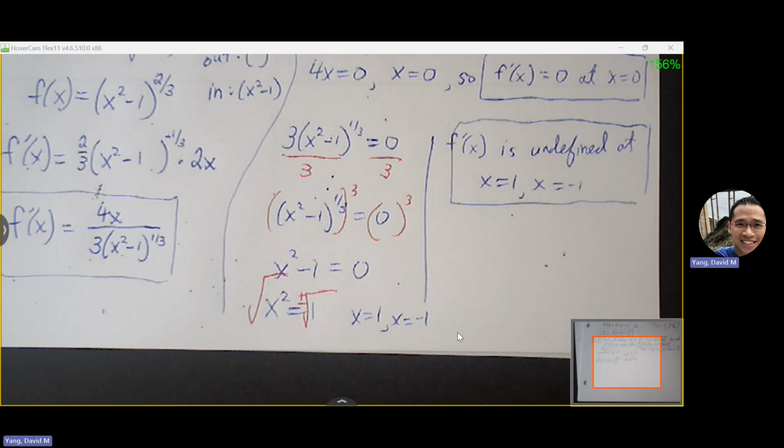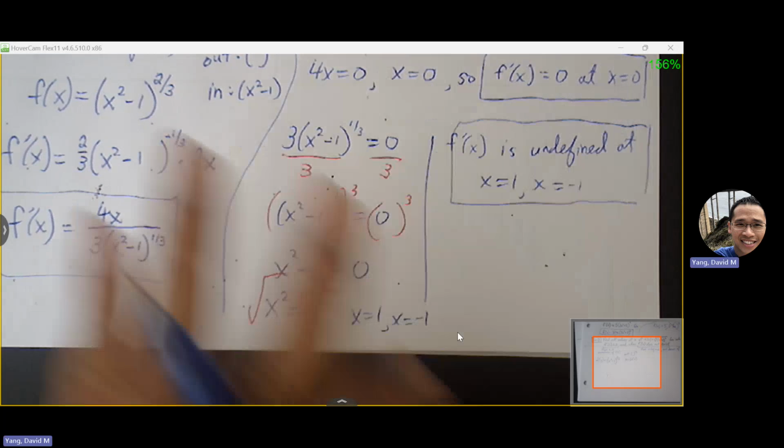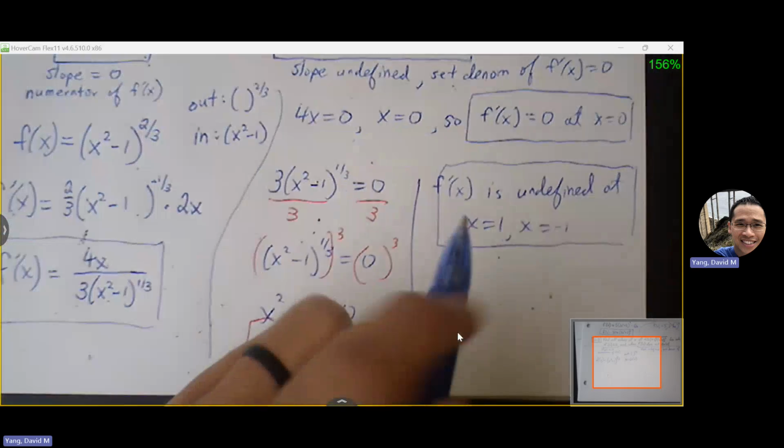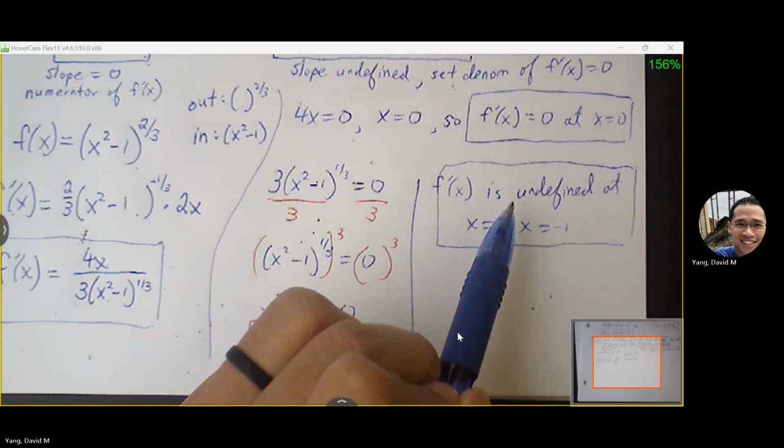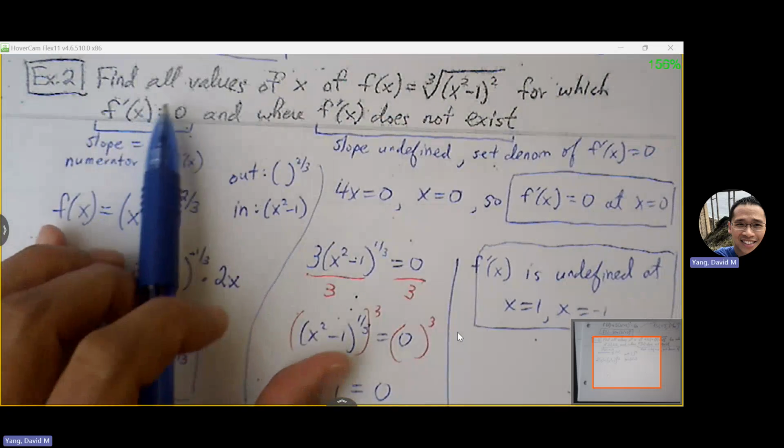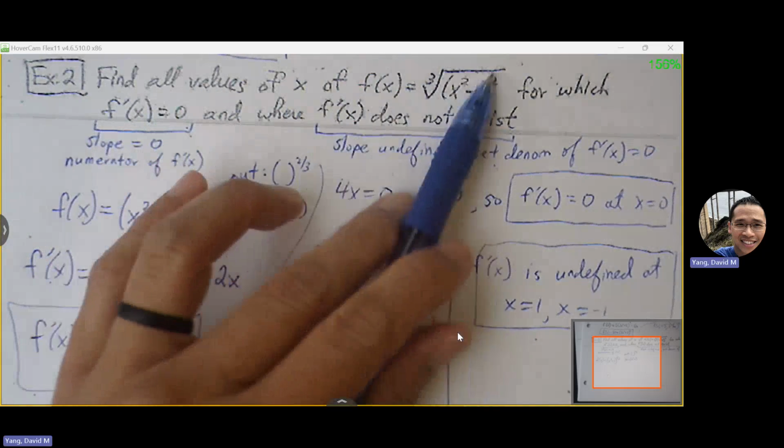Okay, before we move on, I think it's nice to look at the graph and be convinced that this actually is true. So this is what the graph looks like. This is what the cube root of x squared minus 1 squared looks like.